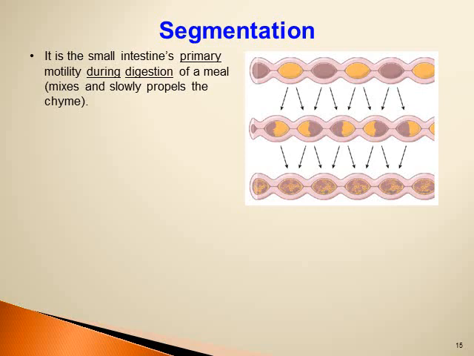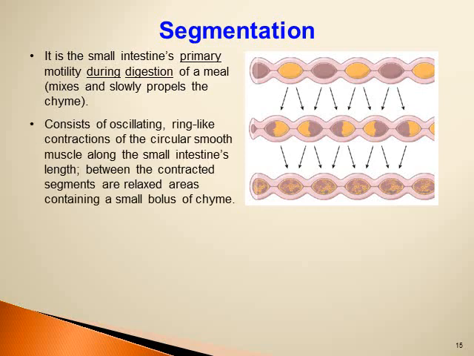Its main function is mixing, but it also propels the chyme slowly. And we need that slow propulsion of chyme down the small intestine because we need to provide longer time for chyme to stay in the small intestine, so it will be properly digested and adequately absorbed.